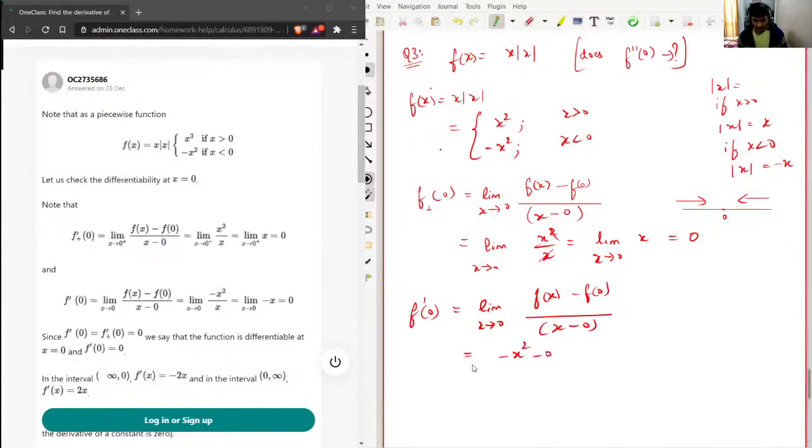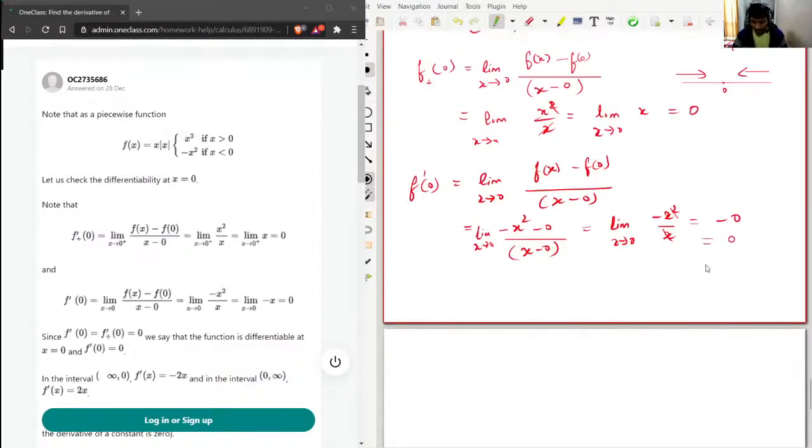So this will be limit x approaching 0 of minus x square over x. Again I can cancel this x, and after putting the limit I will get minus 0, which is nothing but 0 only.